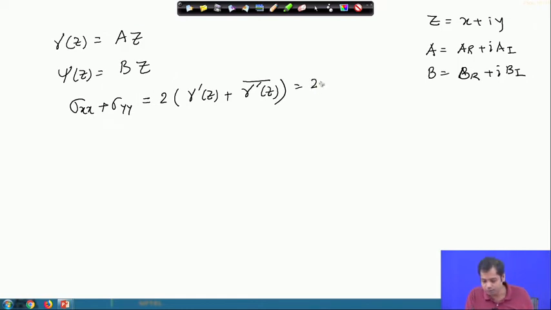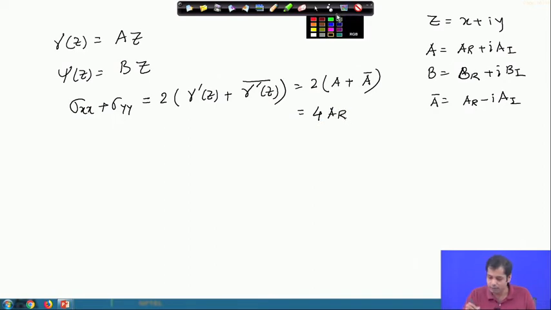So, this becomes 2 into a plus a bar, the conjugate of a. Now, a is ar plus i ai. So, a bar will be ar minus i ai. So, essentially this becomes 2 into, or rather 4 into ar. So, this is our equation number 1.